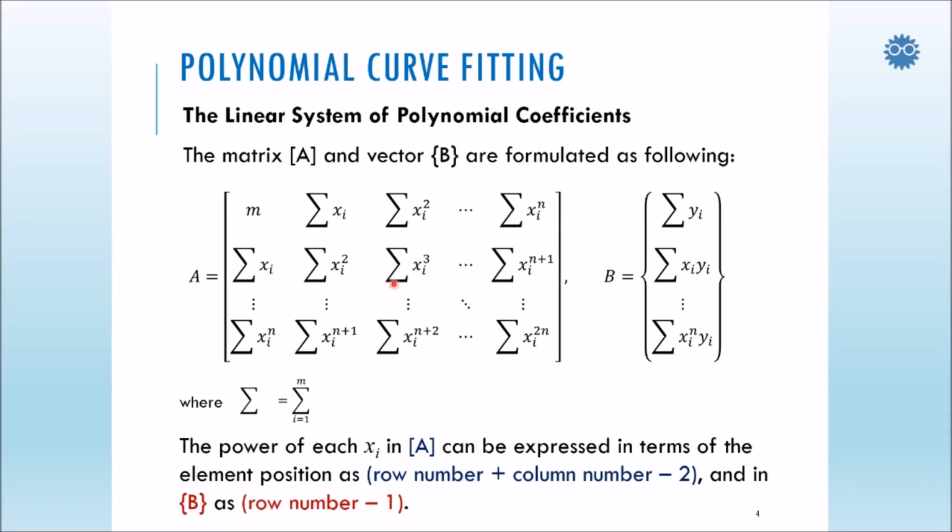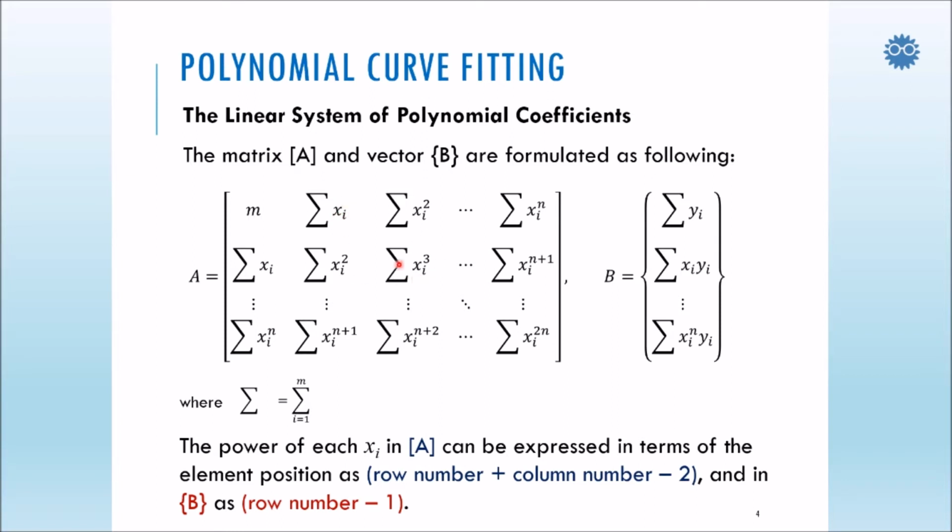For example, in the matrix A, the power can be represented by the row number plus column number minus 2. Let's examine it here. Here we have the first row, second column, and the power 1. So 1 plus 2 is 3, minus 2 is 1. So here we have x to the power 1.